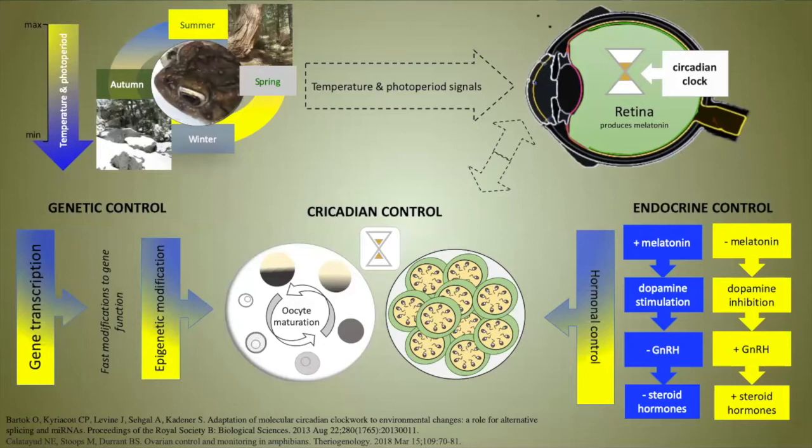Genetic control and hormones act in conjunction to control these processes, and genetically speaking, fast changes through epigenetic modifications allow quick adjustment of gene expression. What this means is that it gives the amphibian the flexibility to respond quickly to environmental changes and be able to determine physiologically when the best, most appropriate time to breed is.